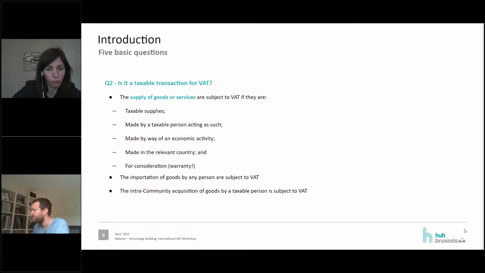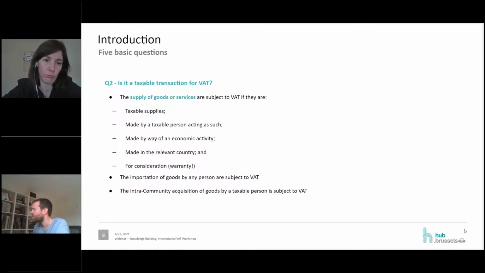For supply of goods, what is important, and if you have to remember one thing of this seminar, it's really this one: you need to actually always check the flow of goods, because it's not the flow of invoices that is important for supply of goods.